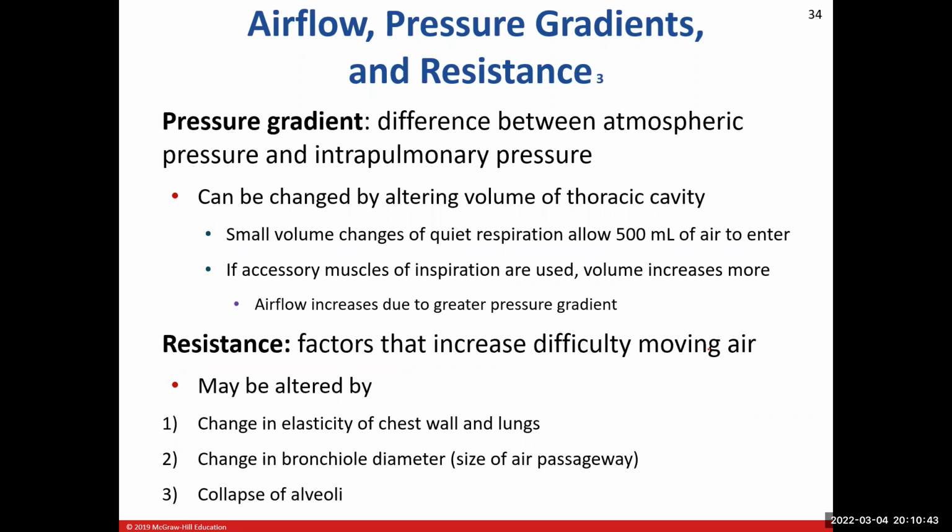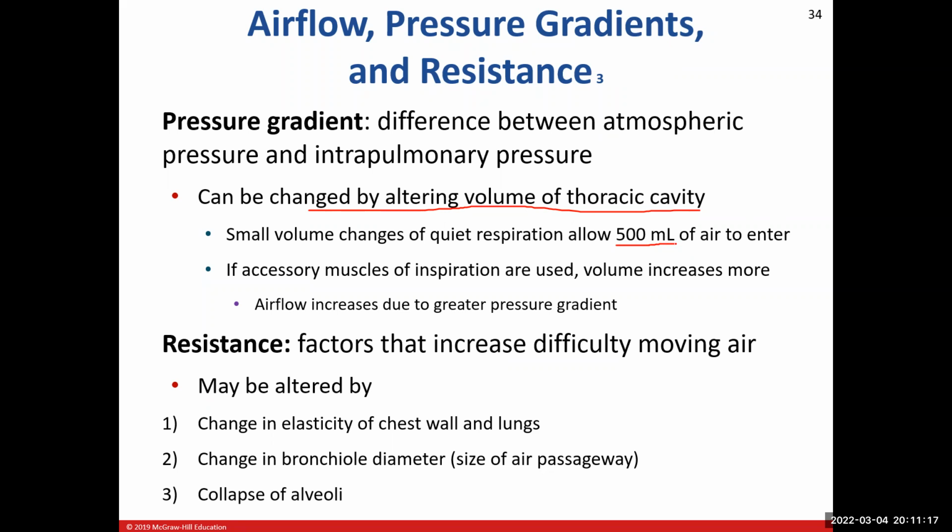When we're discussing our pressure gradient, one of the ways that we can increase it is to change the volume of the thoracic cavity. We spent quite a lot of time talking about that in the previous video. Normally with eupneic breathing, or what we call quiet breathing, we see about 500 milliliters of air moving into and out of the lungs with each breath.